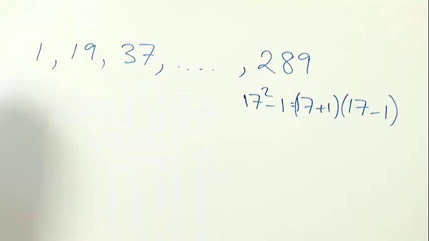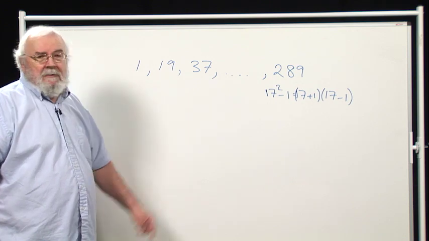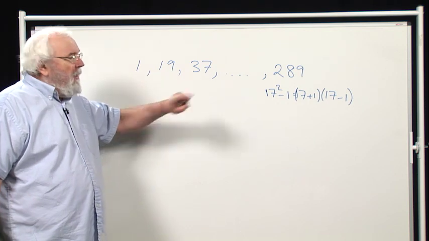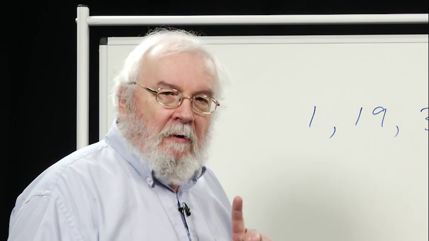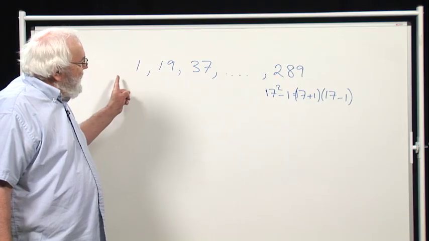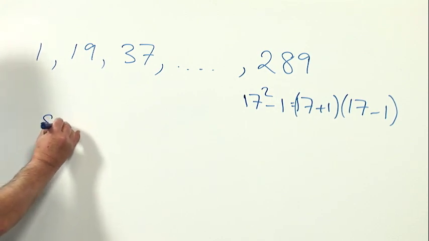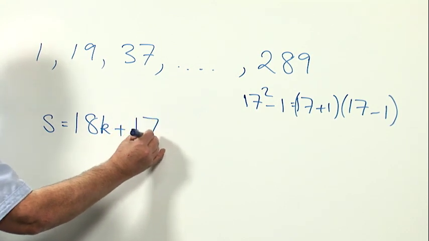Suppose there is a way of writing those down so that at every stage the average of the numbers written down so far is an integer. Okay? Now, what's the sum? Well, I don't want to add those up, but each of these numbers is one more than a multiple of 18, and there are 17 of them. So if I were to add these numbers up, their sum would be a multiple of 18 plus 17.